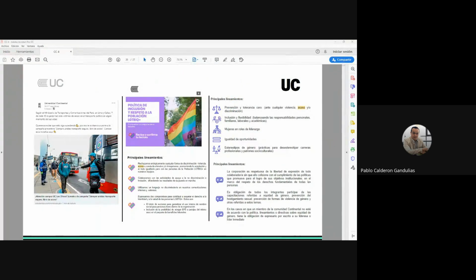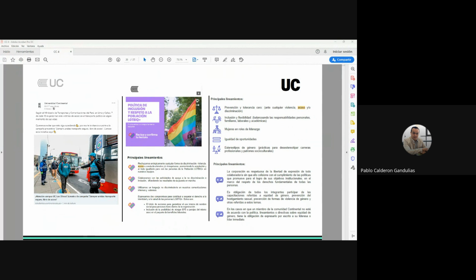And I don't know if you remember, at Continental University, many actions have been taken to avoid having discrimination and any kind of harassment or violence against any person. They, as an institution, promoted the campaign Always Together, Safe Transportation, Free from Harassment.